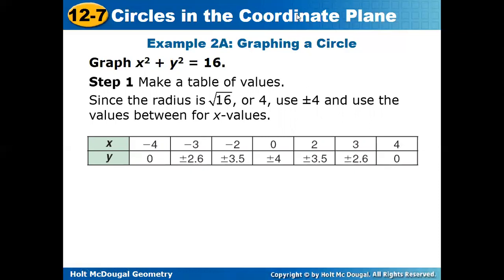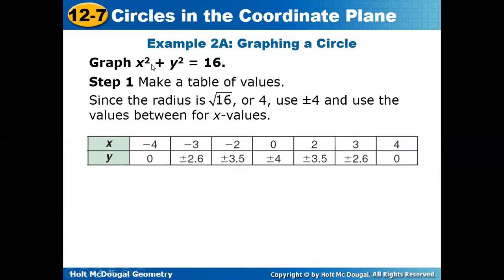Now we will substitute -4 as x. So use your pen, please. Put -4 and don't forget to put it between brackets. So -4 power 2 is 16, plus y power 2 equals 16.